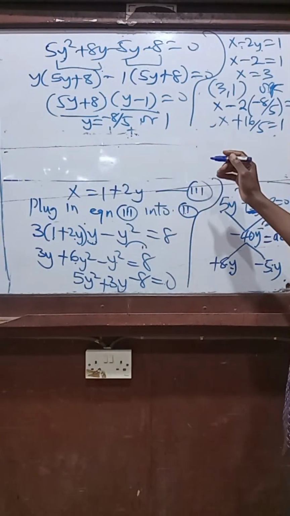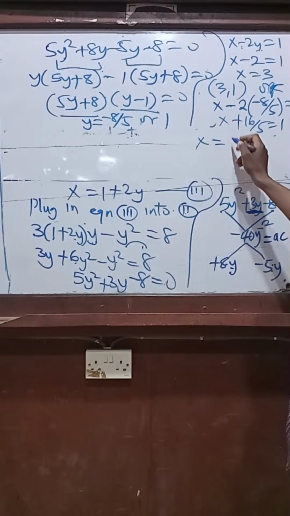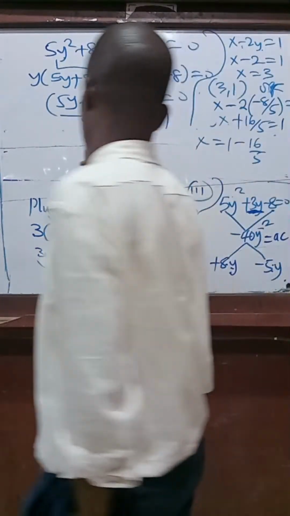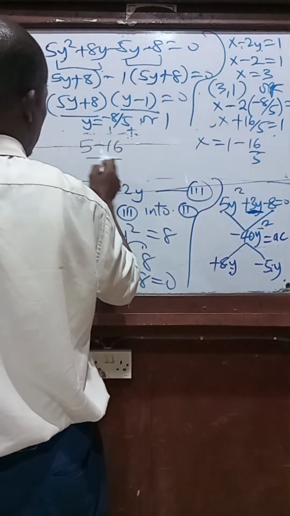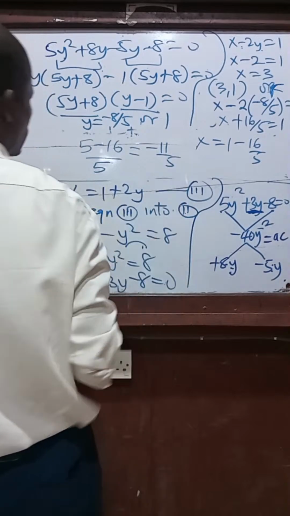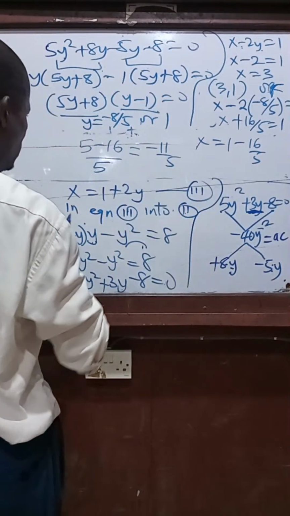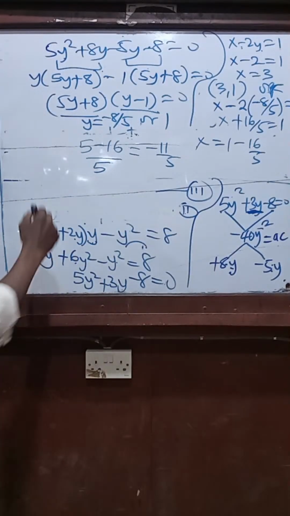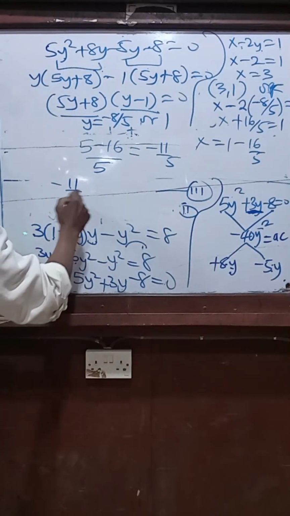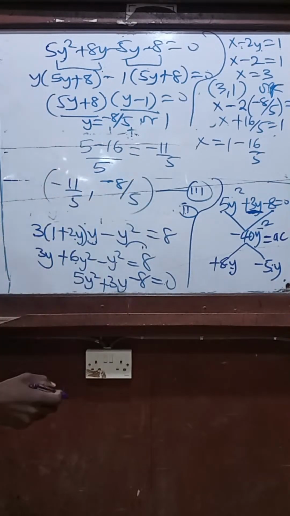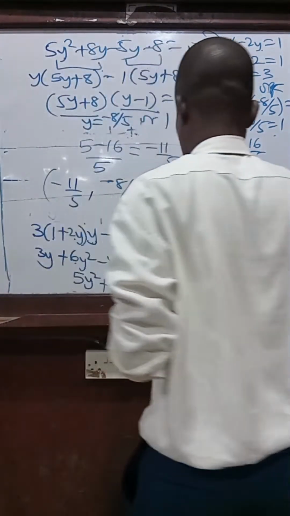So x is equal to 1 minus 16 over 5, which is 5 minus 16 over 5, which is minus 11 over 5. So the coordinates in that place, x comma y, is minus 11 over 5, comma minus 8 over 5. So that's the solution for that quadratic equation.